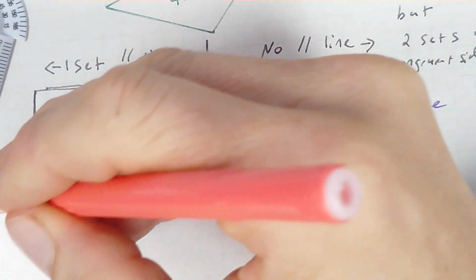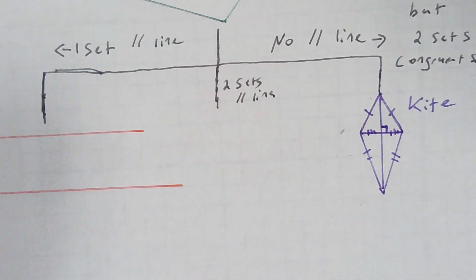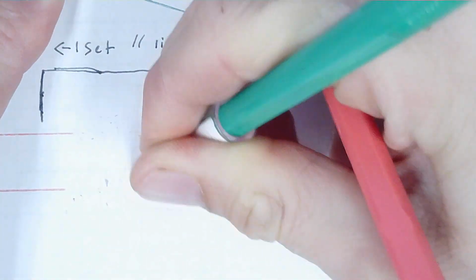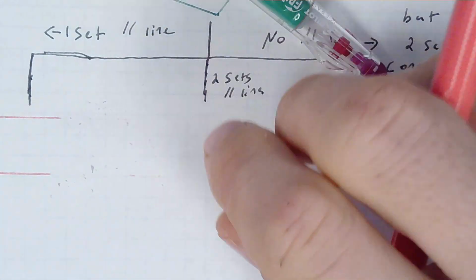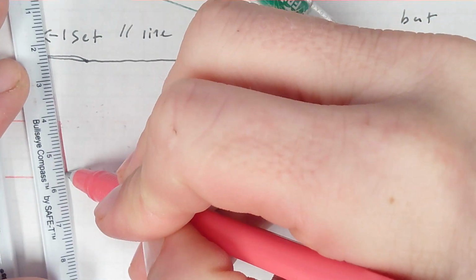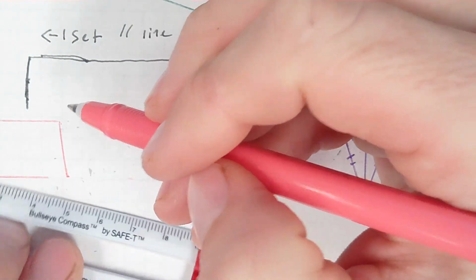Maybe it's like this and like this. Not parallel lines. Make it like this. Right, this is a trapezoid.